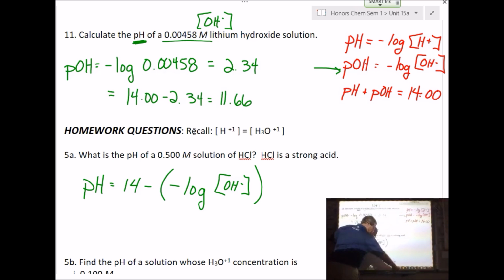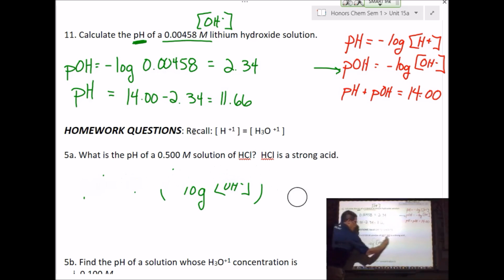If you're showing this process here, this would be the minimum work I would need to see. If you're showing this, you would just have to show that into there and then your answer. But don't just write an answer down based on what your calculator said. Show me how you're getting those values. Make sense?